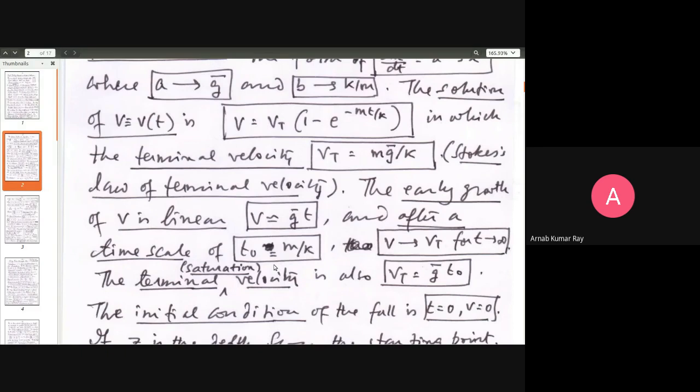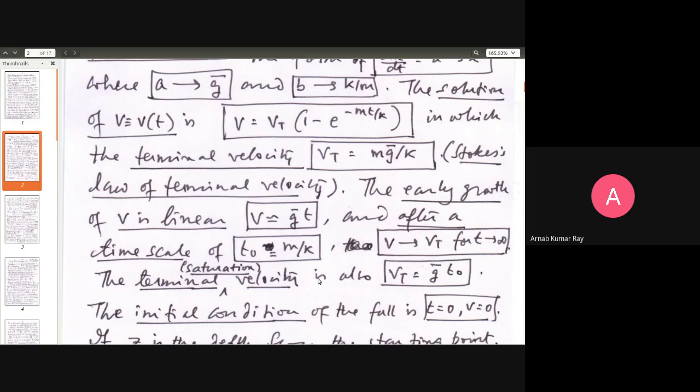So the natural time scale in this problem will be b raised to minus 1, or 1 upon b. So 1 upon b is m by k. So t naught is equal to m by k. So V goes to Vt for t going to infinity after this time scale. Before t naught, you'll have a linear growth of V, and after t naught, V will saturate towards the terminal value.